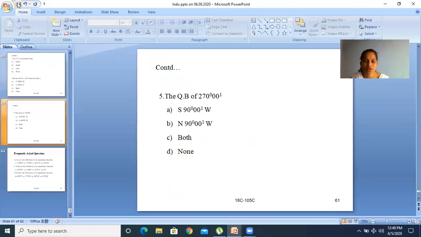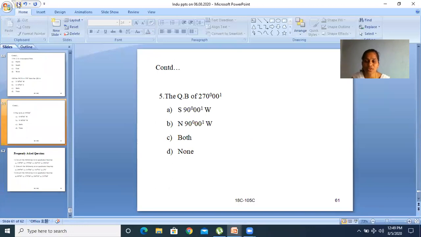Fifth quiz you can take: 270 degrees. 270 degrees lies in the fourth quadrant. 180 to 270 is the third quadrant.